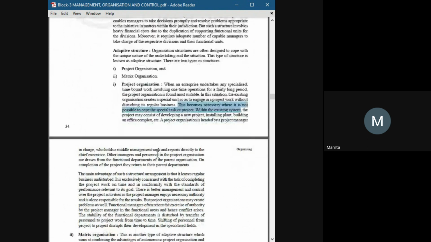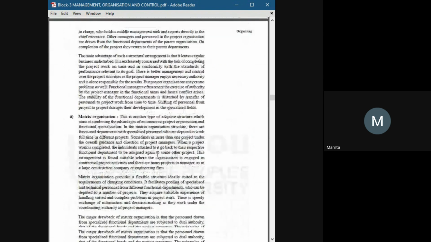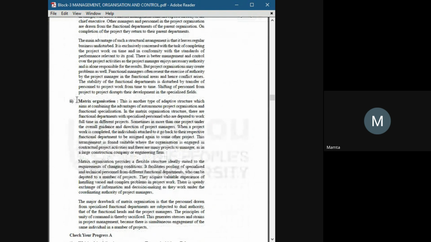I guess it's clear. Moving to the matrix organization. As in the project organization, we are creating a different team or specialized unit for a specific project. But in matrix organization, we have specialized personnel who are looking after different projects. Take it as an example.